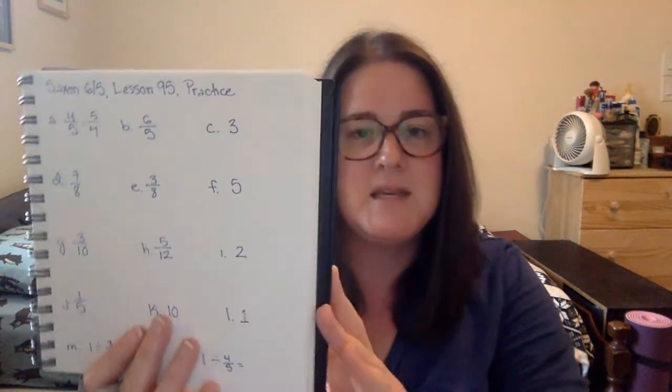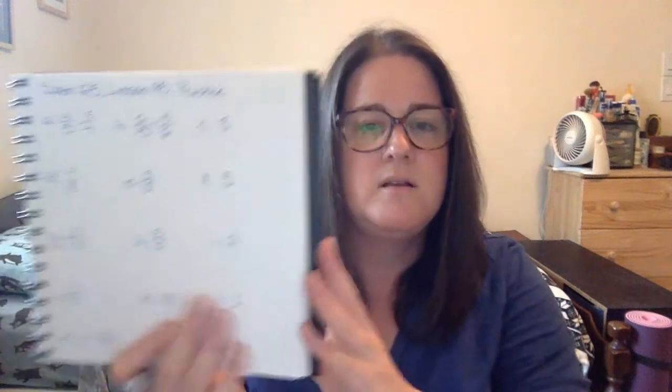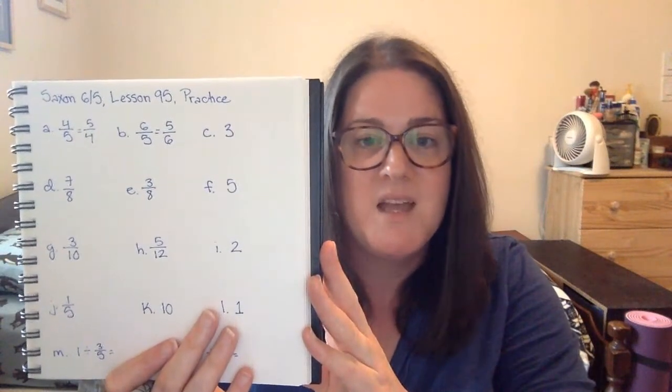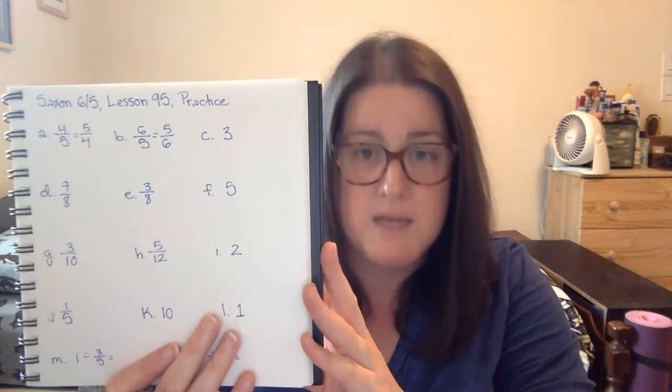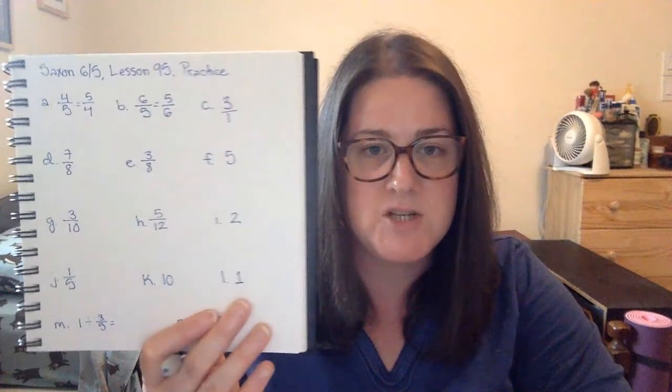B is 6/5. The reciprocal is 5/6. C is 3. So, if we think of 3 as a whole number, as a fraction, 3 is 3/1.